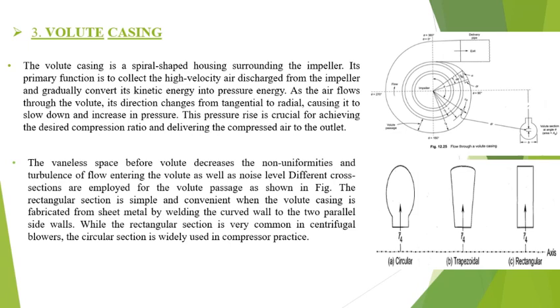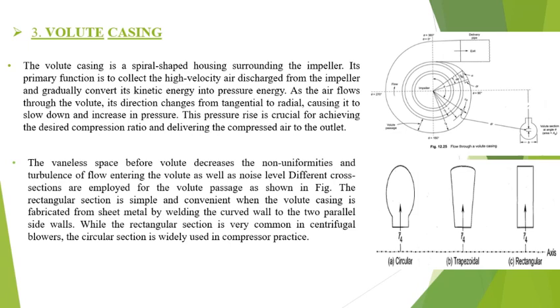After that we discuss the volute casing. The volute casing is a spiral space housing surrounding the impeller. Its primary function is to collect the high velocity air discharged from the impeller and gradually convert kinetic energy into pressure energy as the airflow goes through the volute. Its direction changes from tangential to radial. The motion is slowed down and pressure increases.